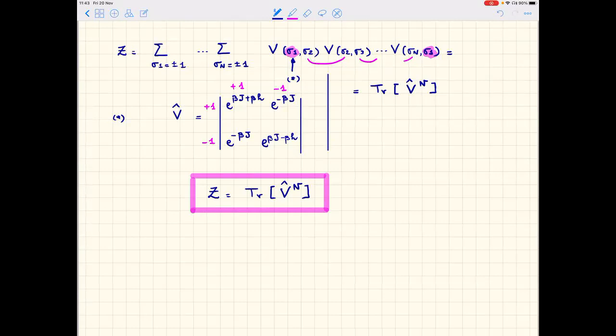Therefore, we can think of diagonalizing it, performing a rotation on the matrix V that will put it in diagonal form, which for this particular case is going to give us two eigenvalues, lambda plus and lambda minus. Let's say that lambda plus is greater in absolute value than lambda minus.